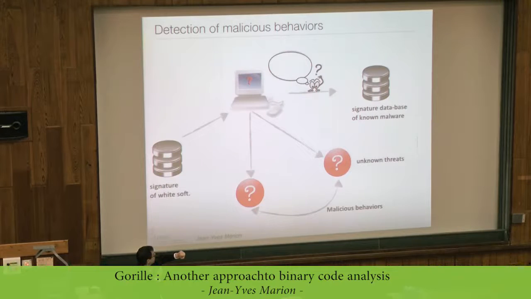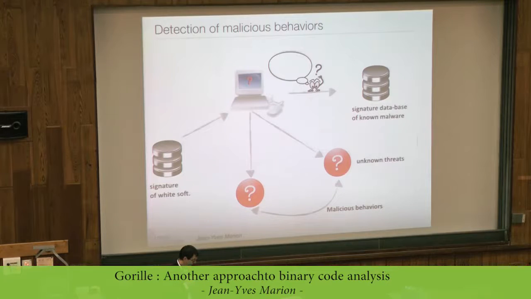And what I'm going to show you is that there are some new ways to detect malware using a database of signatures based on the control flow graph of malware, and using signatures of white software, white applications, white libraries, which are not forbidden to be run on the system.